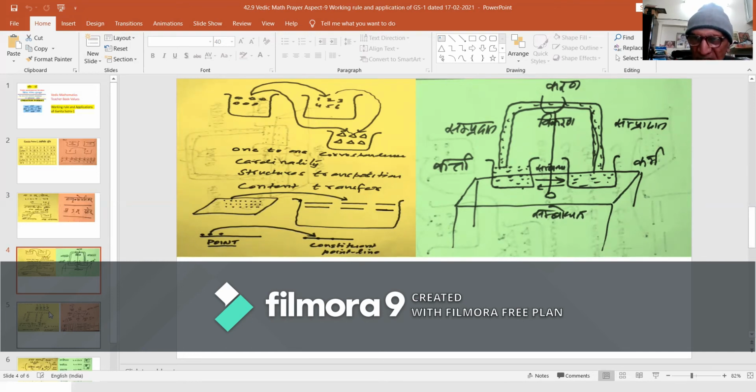Now, if we want to see whether the cardinality, or the number of elements, of set A is equal to the number of elements of set B or not, whether n is less than the number of elements of B, or more than, or equal to, then with the help of the working rule of Ganita Sutra 1, we will firstly have one-to-one association of the elements of set A with the numbers set.